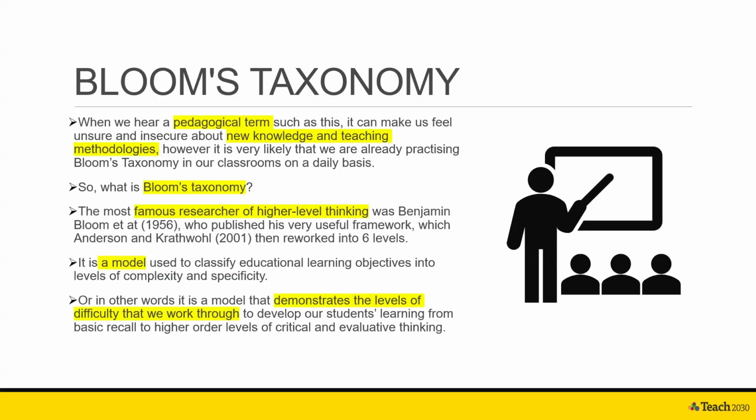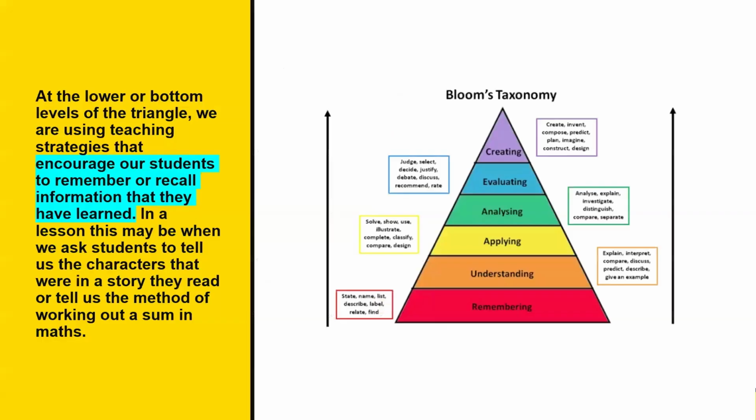Bloom's taxonomy is a framework that is geared towards using question techniques to foster critical thinking and engagement. It's a model used to classify educational learning objectives into levels of complexity and specificity.